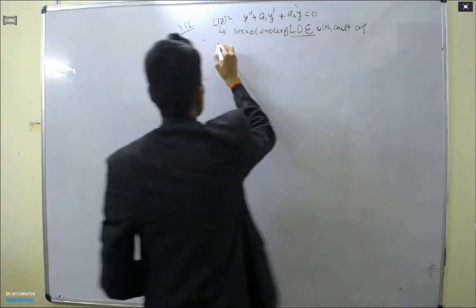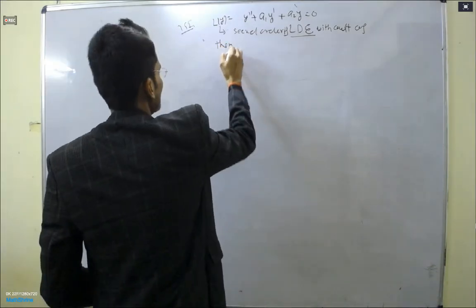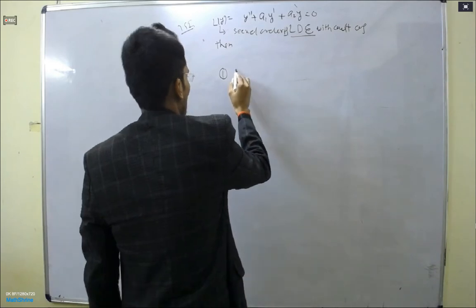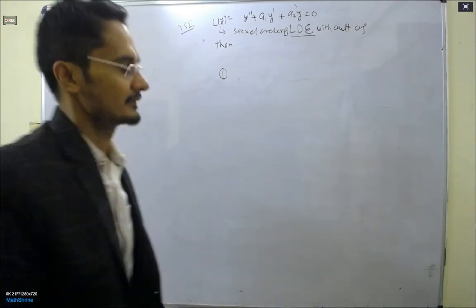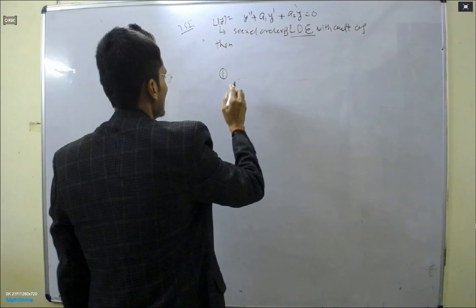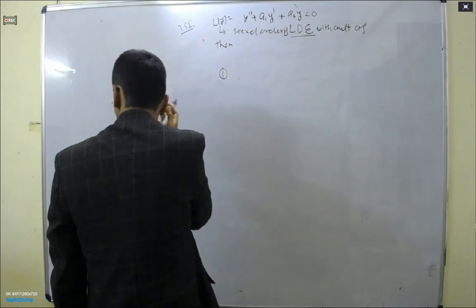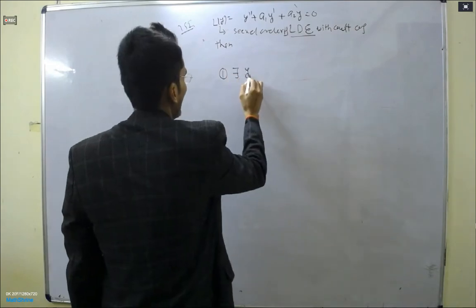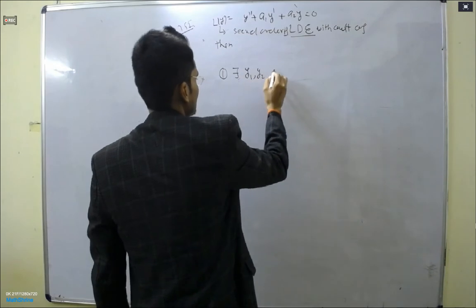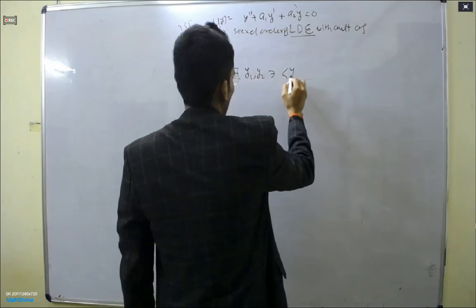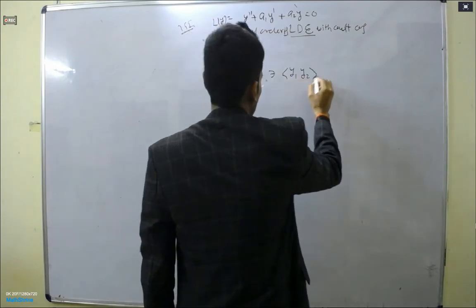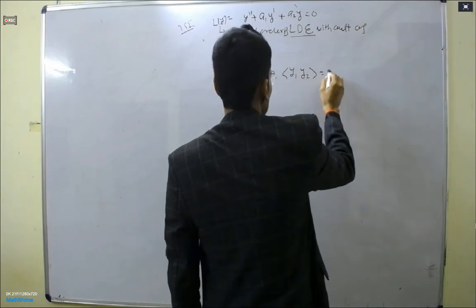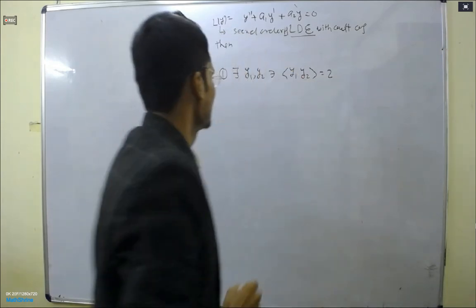What I mean is that there are y1 and y2, two solutions of the differential equation with dimension 2, and y1 and y2 have extrema at the point x equal to a.